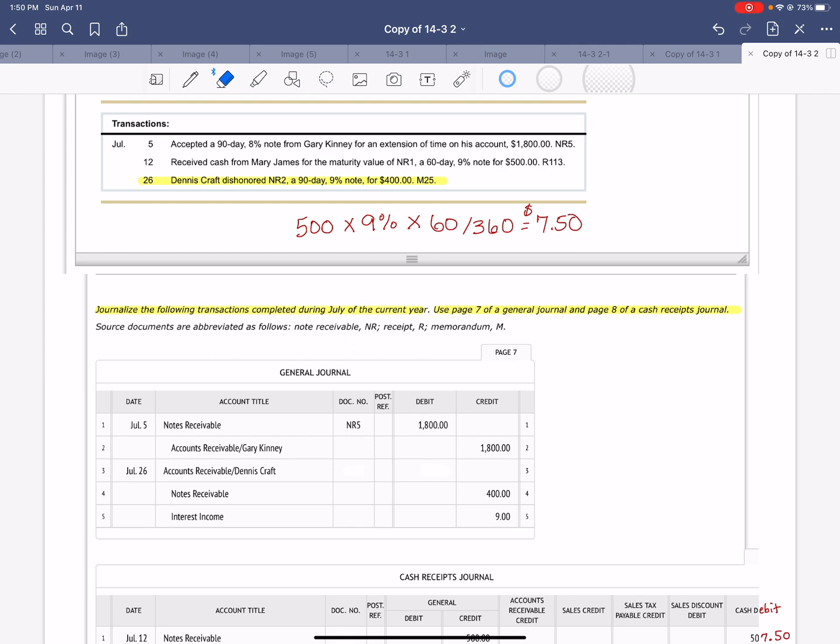Okay, how much does Dennis owe us? He owes us the $400 in principal plus the $9 in interest. So he owes us $409. And so we will debit his account for that. Remember, a note receivable is like a small loan. If you dishonor it, you still have to pay the interest that is attached to it.